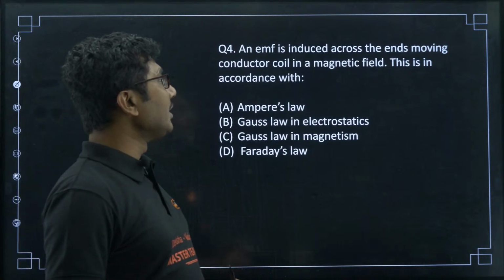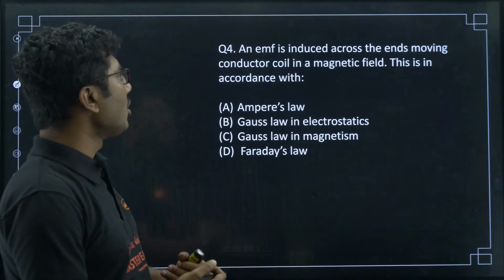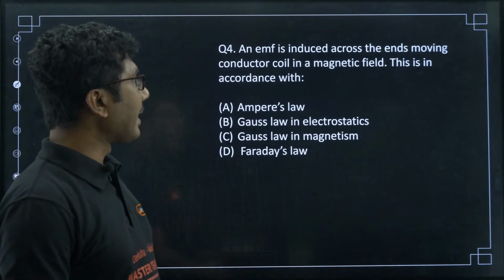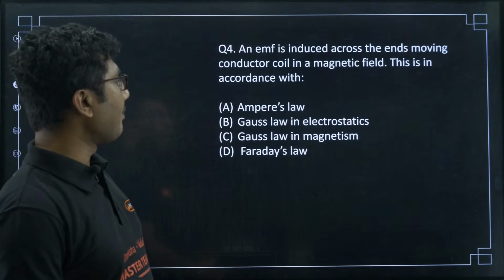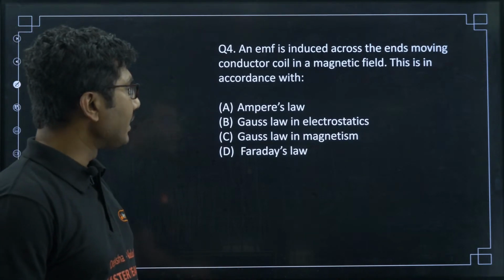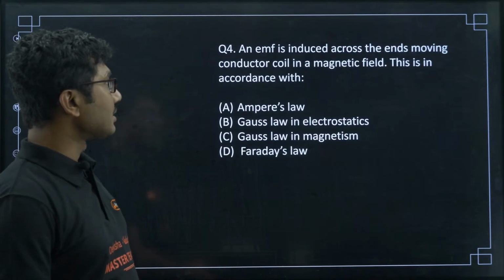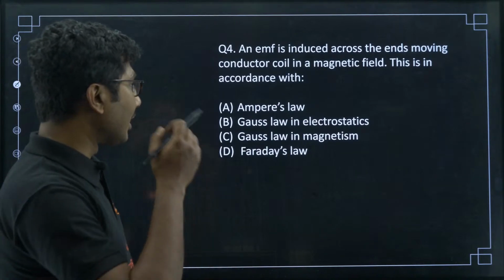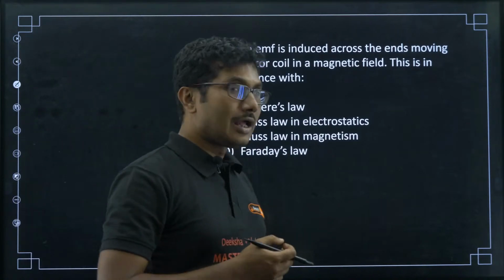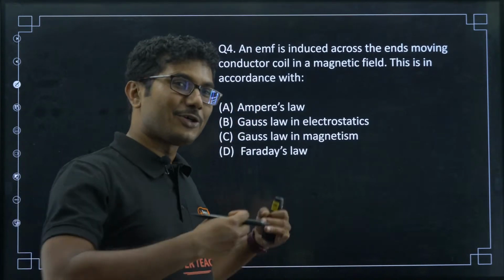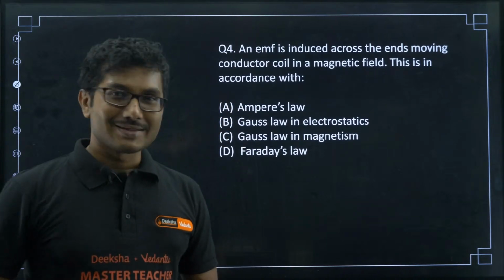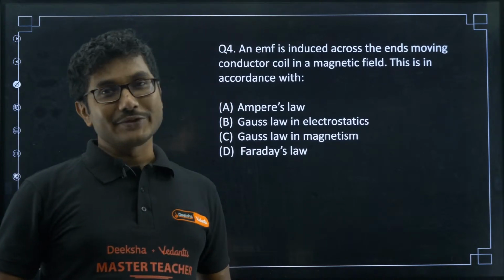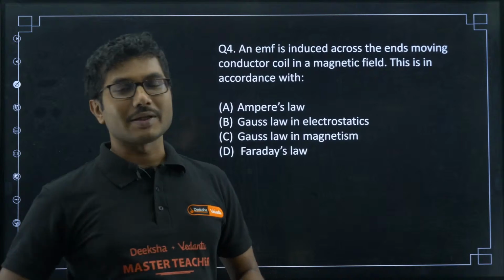An EMF is induced across the ends of moving conductor coil in a magnetic field. This is in accordance with Ampere's law, Gauss's law of electrostatics, Gauss's law in magnetism, Faraday's law. Easy question. If you consider this question independent from this chapter, because the chapter name is given, answer is very obvious, but if the chapter name is not given, then it might create some confusion.